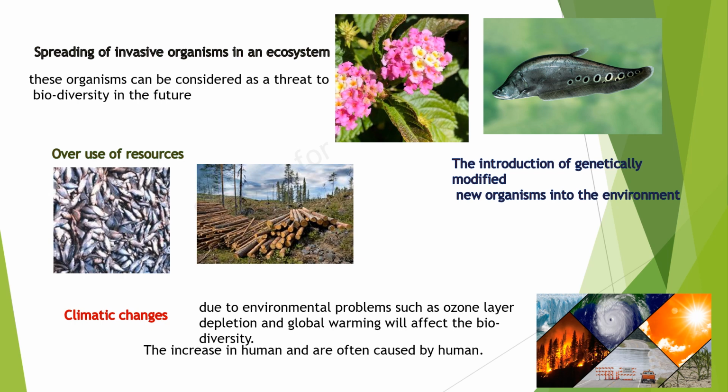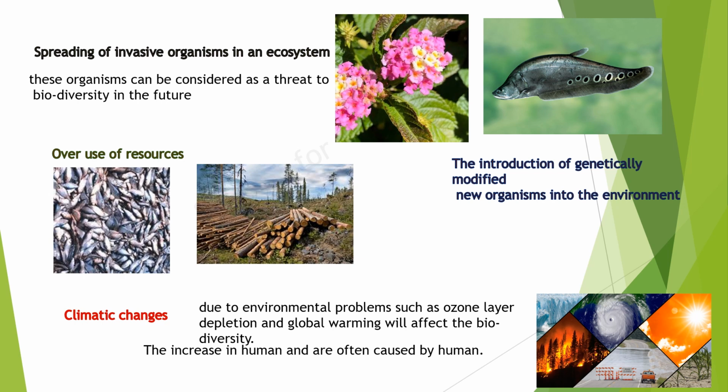Overuse of resources, or overexploitation. Here you can see a large number of fish taken from rivers or from the ocean. If we cut more trees, that means we are overusing the resources.